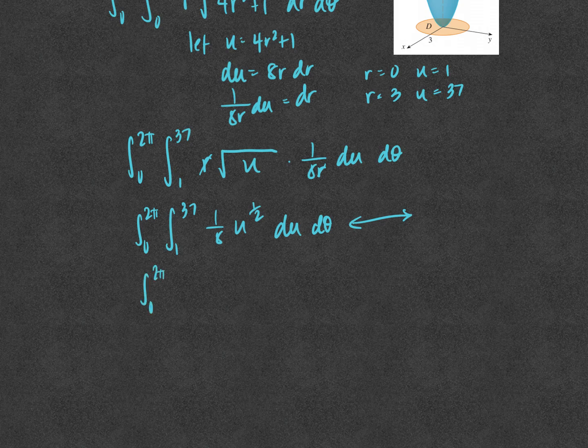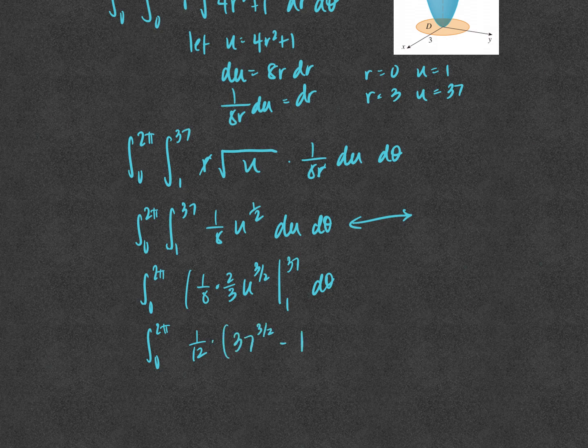And when we integrate with respect to u, we get 1/8 times 2/3 u to the 3/2. It's that beautiful 3/2 we can't get away from today, from 1 to 37. And so the integral from 0 to 2 pi, this gives me 1/12 times 37 to the 3/2 minus 1 to the 3/2, which is 1, d theta.